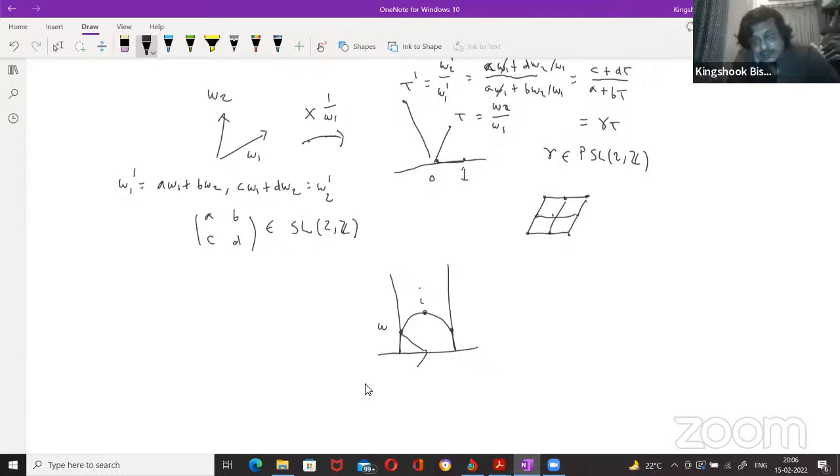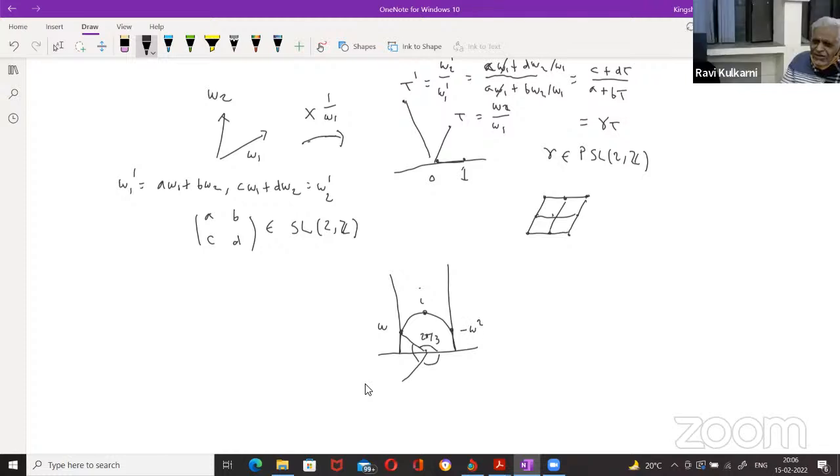This angle is pi by 3, 2 pi by 3, I mean 120 degrees. So this will be minus omega. These two points in the quotient are identified, because this is just omega minus 1. So in the quotient, they're the same.